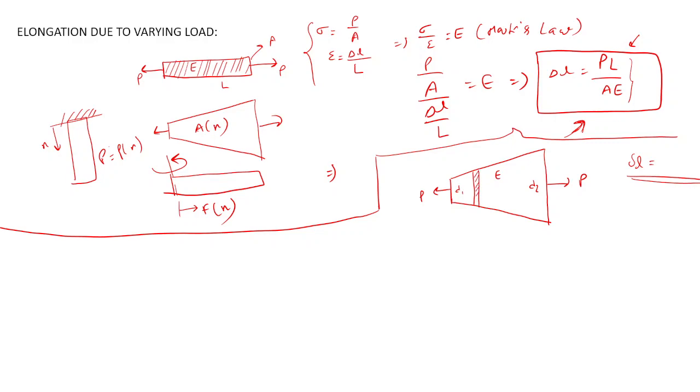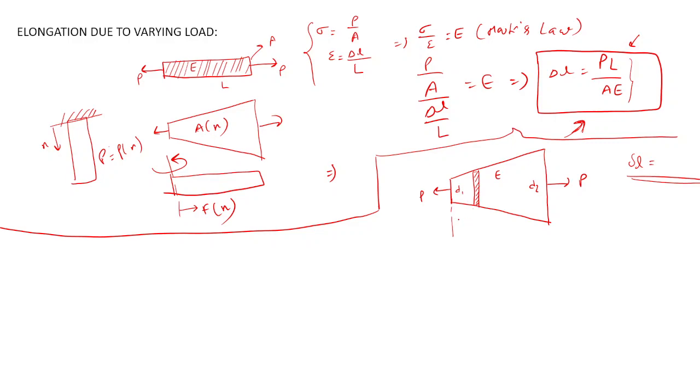At some distance we will take an element, and here the area we may consider as a constant, right? Whenever there is any variation and we have to find the things, we go for integration.